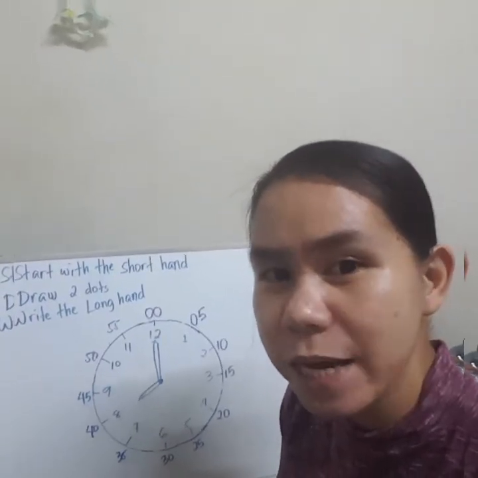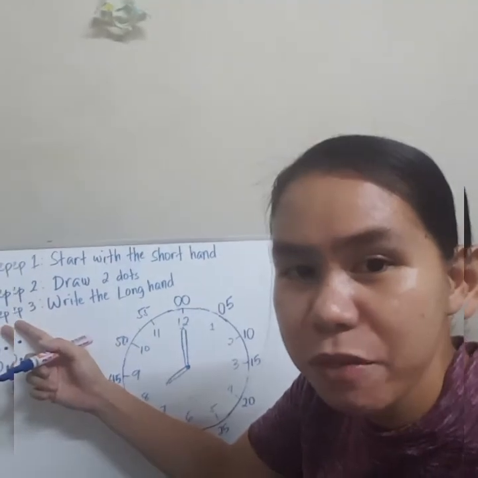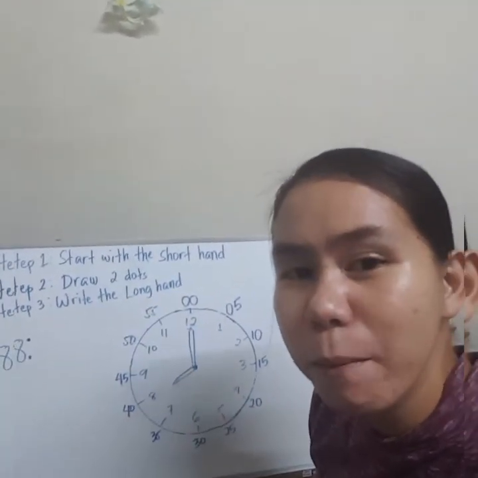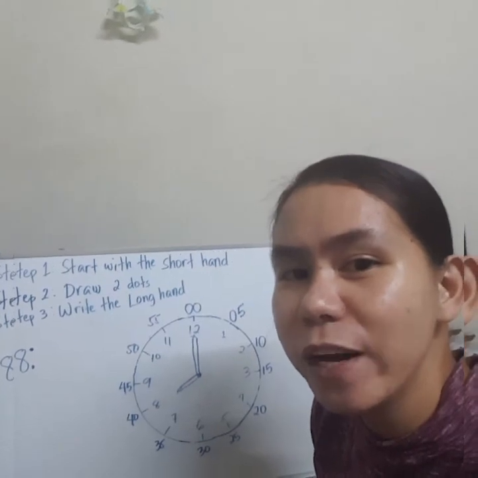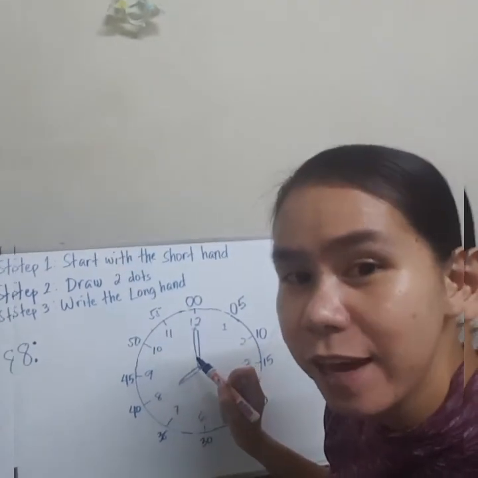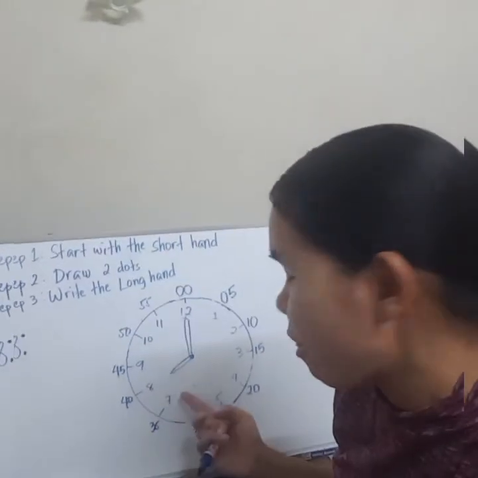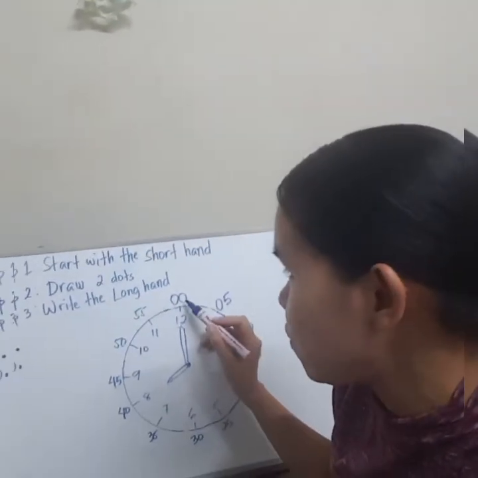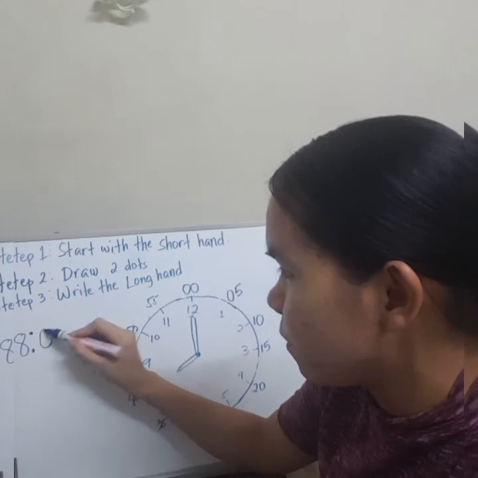Finally, our last step, which is step 3, write the long hand. Remember, look at where the long hand is pointing and just write it down. In this case, the long hand is straight up at 0, 0.